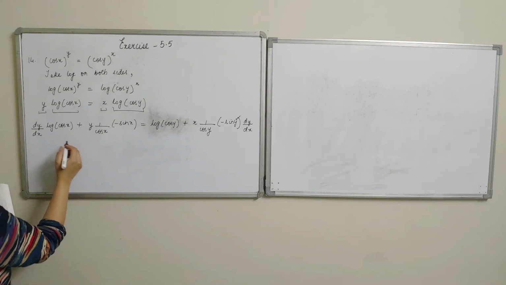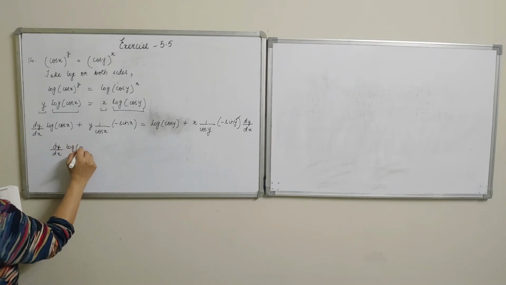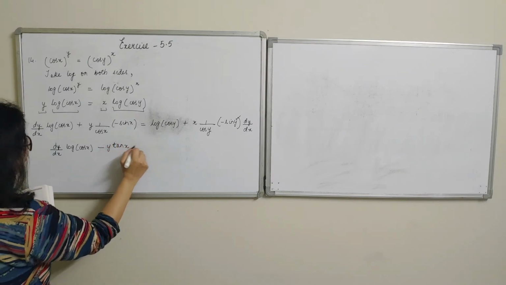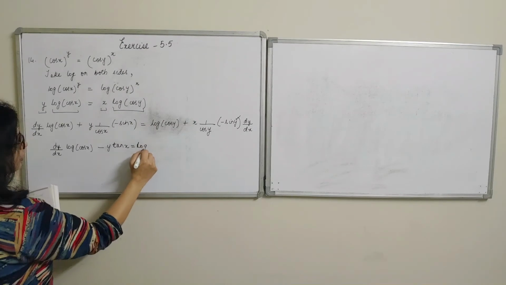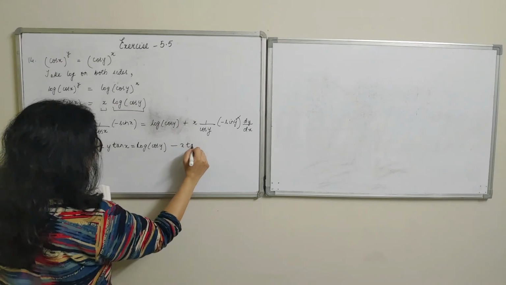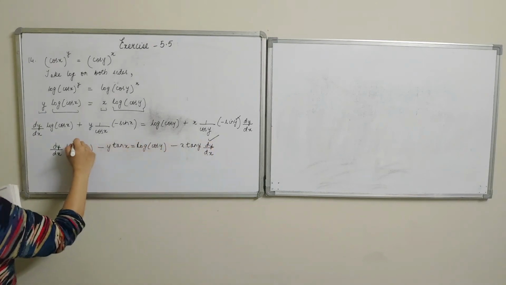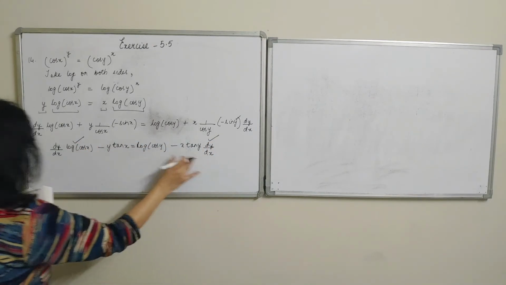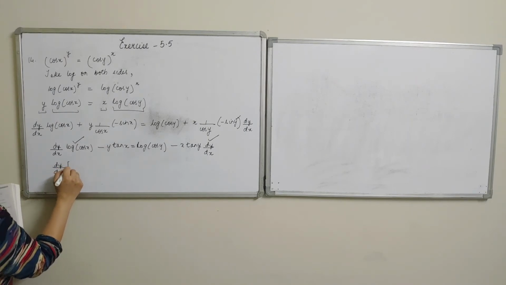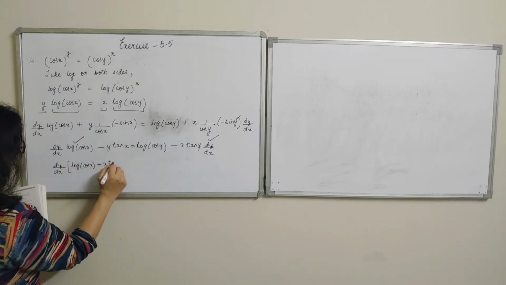So let's just simplify. Dy by dx into log cos x minus y tan x, on the right side log cos y minus x tan y dy by dx. So again bring these dy by dx terms on one side, so I'm shifting this term to the left hand side. So we shall get dy by dx into log cos x plus x tan y.